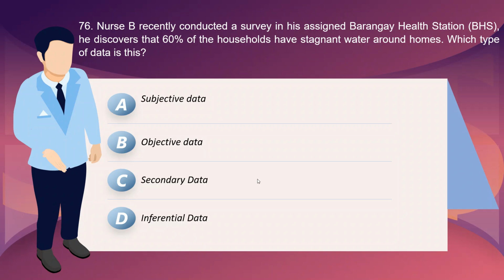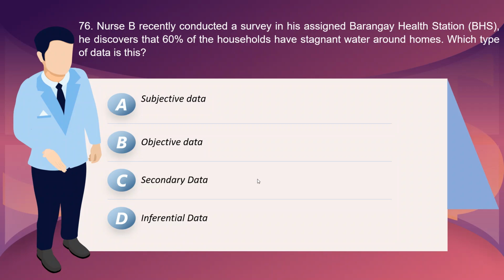So in this case, the best answer for number 76 is letter B, that is objective. That's actually an objective data. So that's considered to be a direct observation. That's seeing stagnant water, and of course, when you talk about interviews, then that could possibly be subjective. And if that is existing records, that is part of the secondary data.